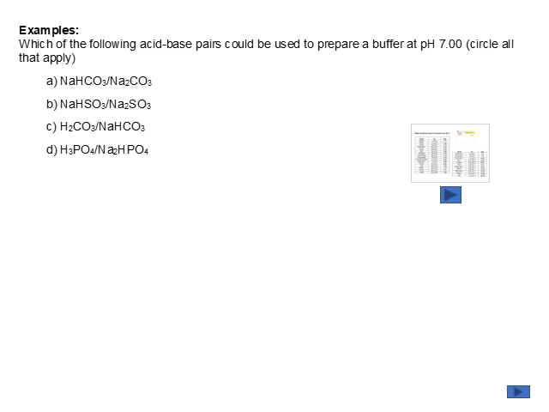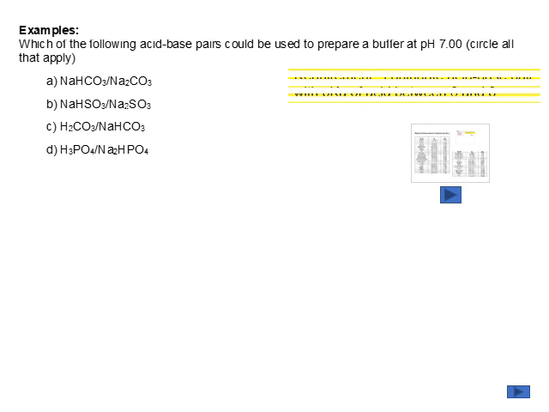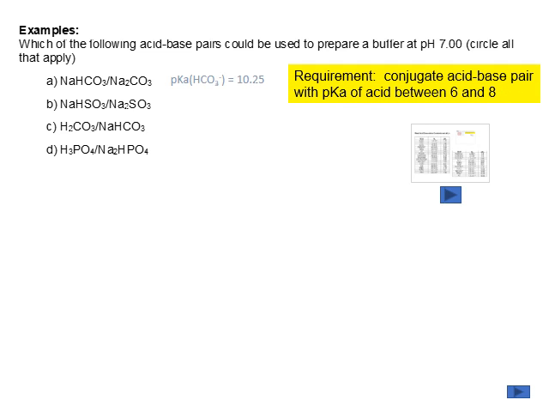Looking at the pairs given in the problem, we find that the pKa of hydrogen carbonate is 10.25. So this would not be a good choice to make a buffer at pH 7. The pKa of hydrogen sulfite is 7.19.